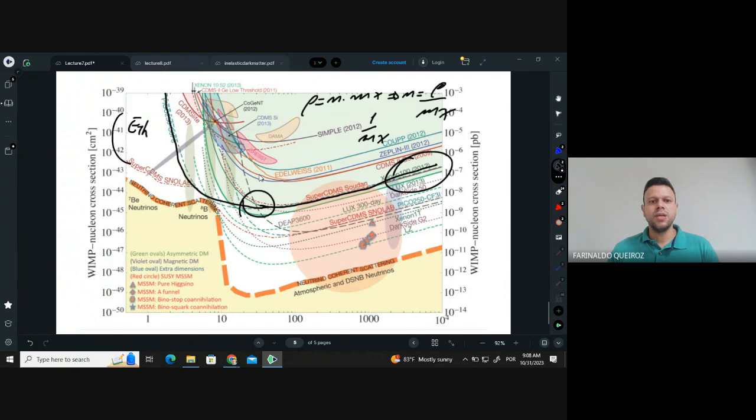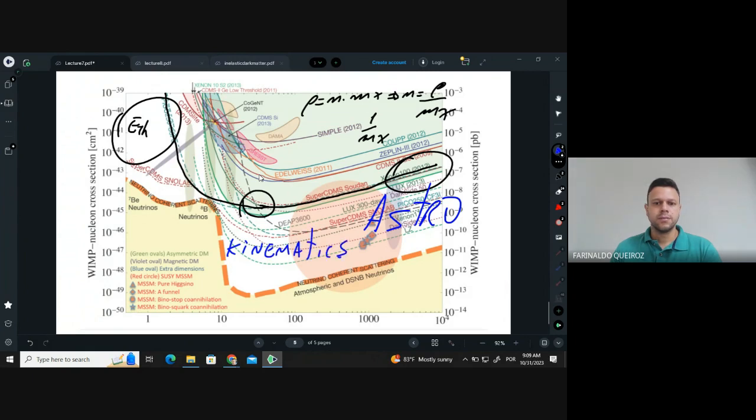So I have 3 features: threshold, kinematic arguments, and the number density. One has to do with astro, one has to do with just relativity, I would say, kinematics, and this has to do with the detector.